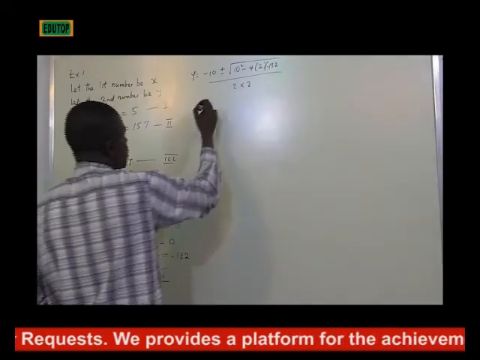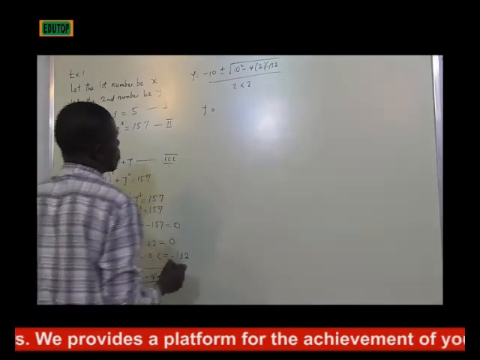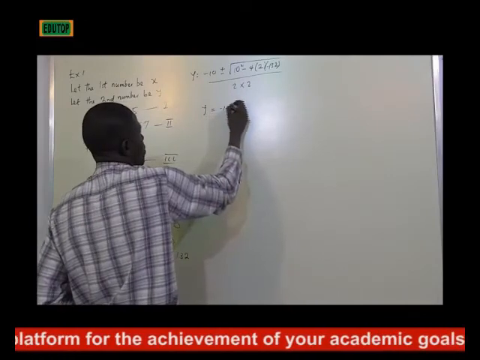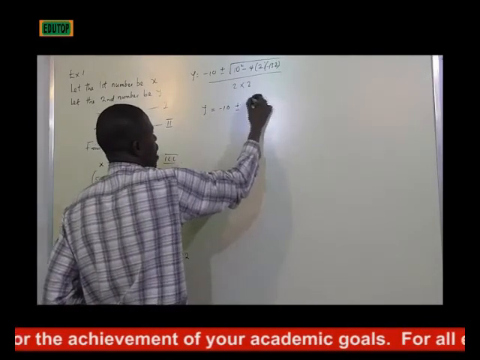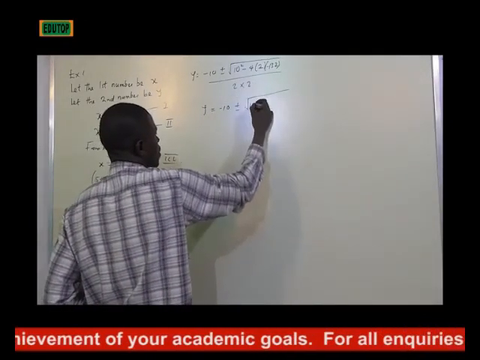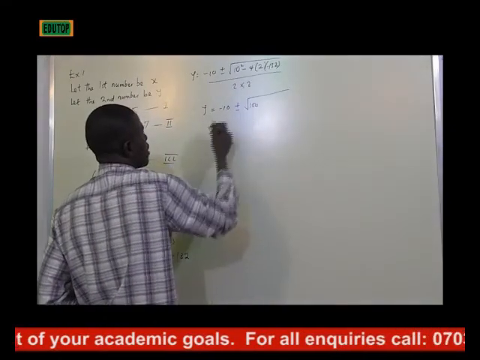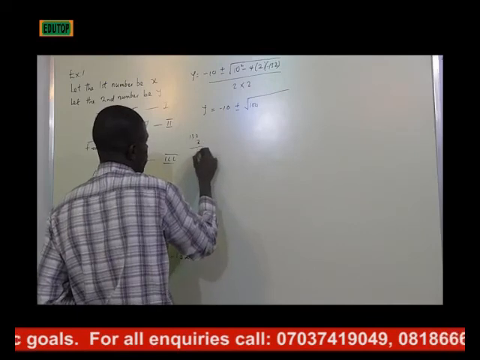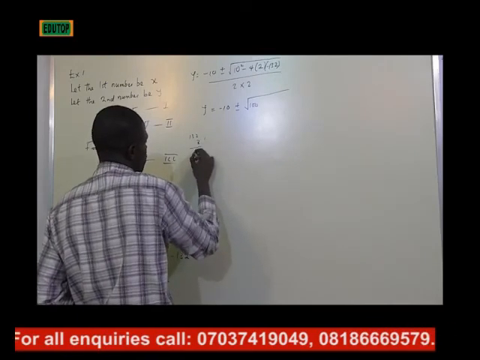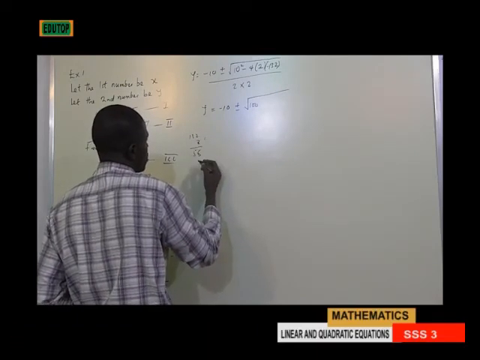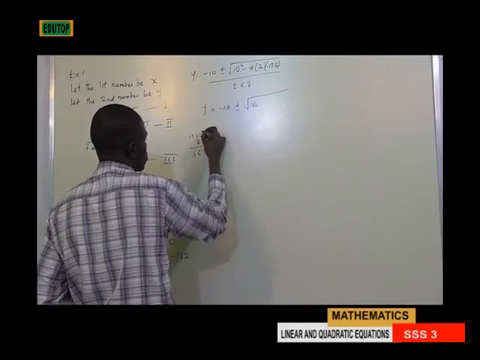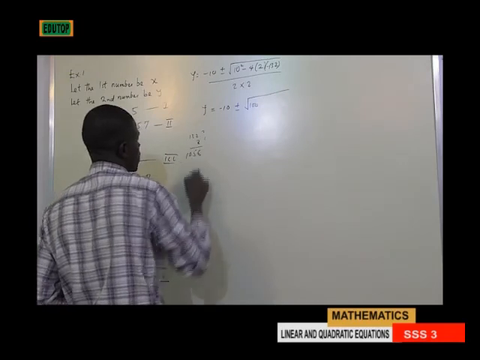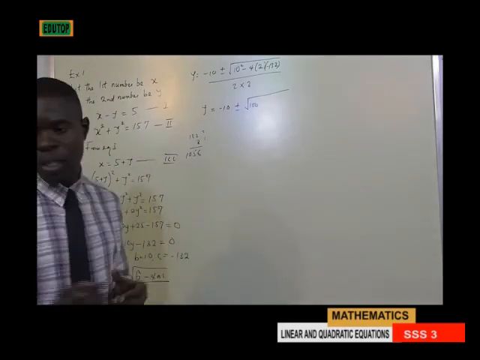So to resolve this, I have y equal to minus 10 plus or minus square root of 100, the square of 10 is 100. Then this is minus 8 times 132.